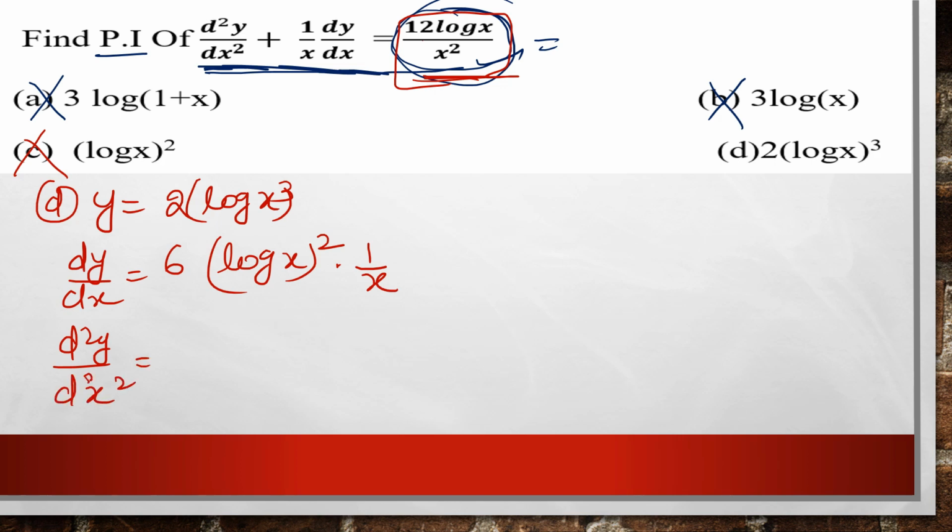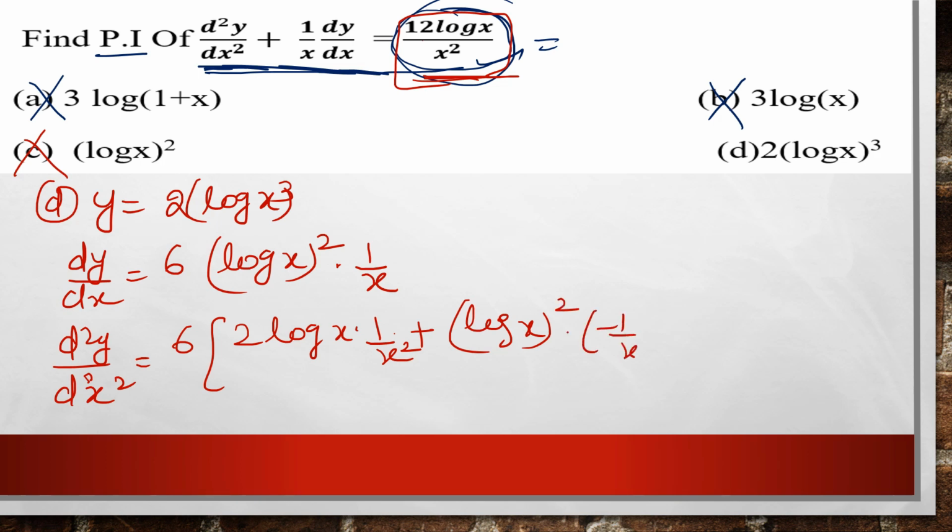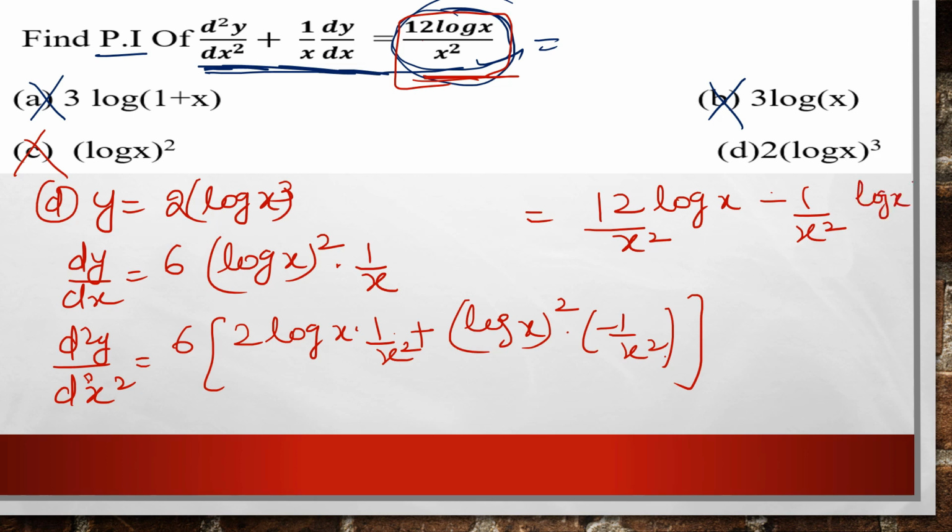This will be equals to, first of all take 6 common, so 2 log x into 1 by x plus log x whole square, and here we'll get x square, and minus 1 by x square. So this will be 12 log x over x square, and plus or minus 1 by x square log x whole square.